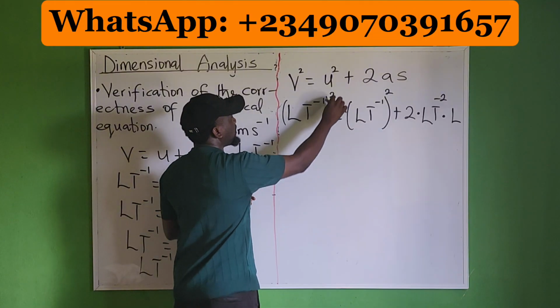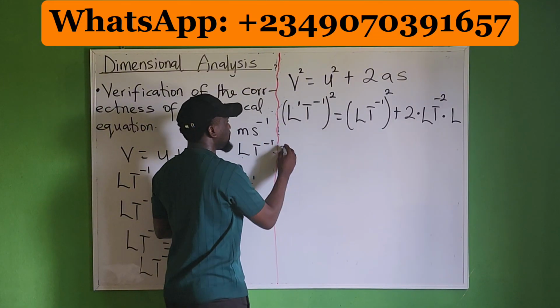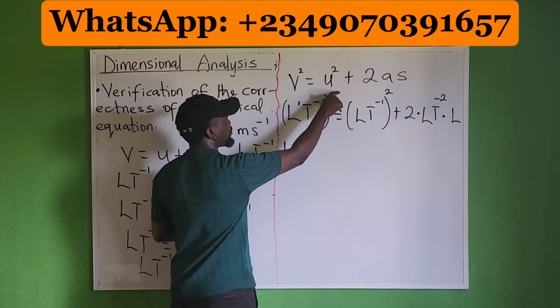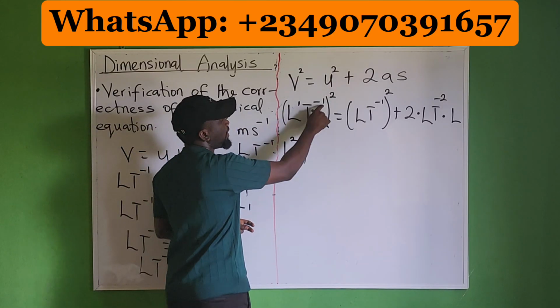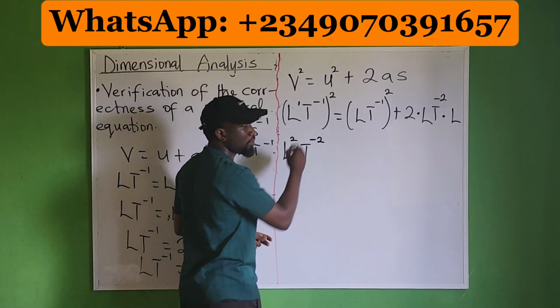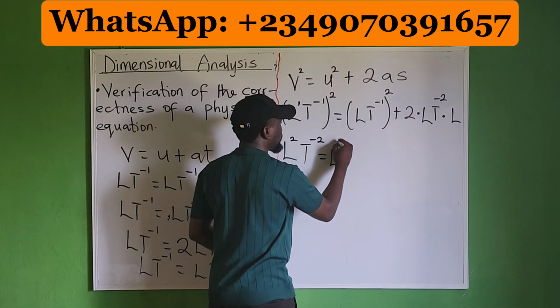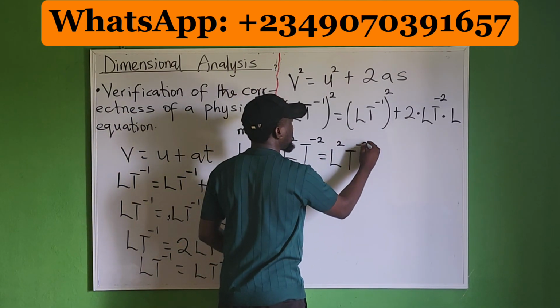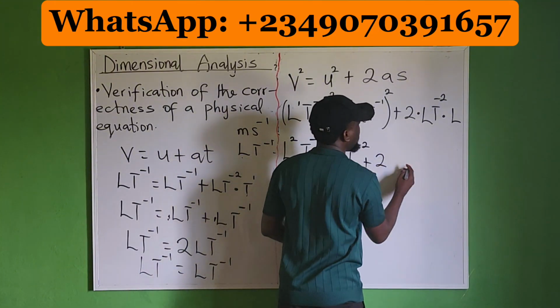So now what's the next thing? We are using the power to multiply these powers. Here is 1, so this is going to give us L. 1 times 2 will give us 2. Then T^-1 times 2 will give us negative 2. Then the same thing with this: L squared T^-2.